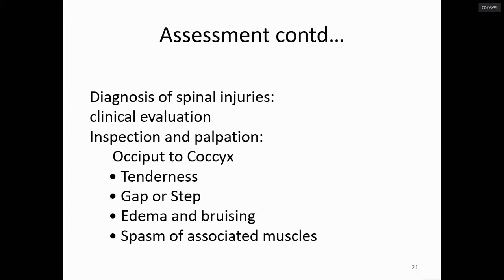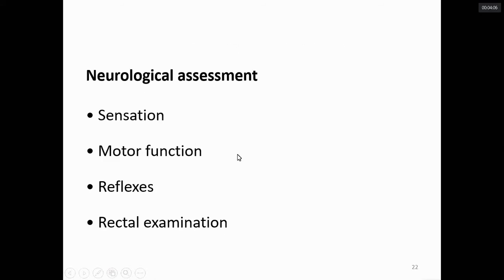Always judge the patient clinically, inspect from the occiput to coccyx for any tenderness in the midline of the spine. Always look for a gap in the posterior aspect of the spine. Look for edema and bruising, and if there is an associated muscle spasm, you have to look at all these things.